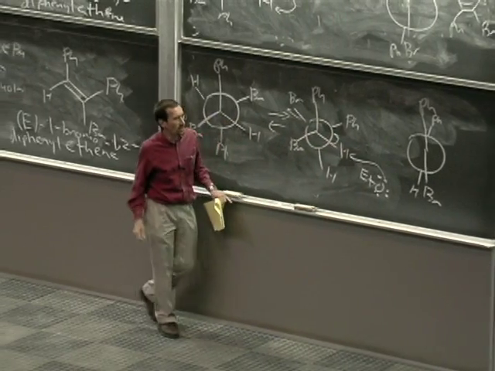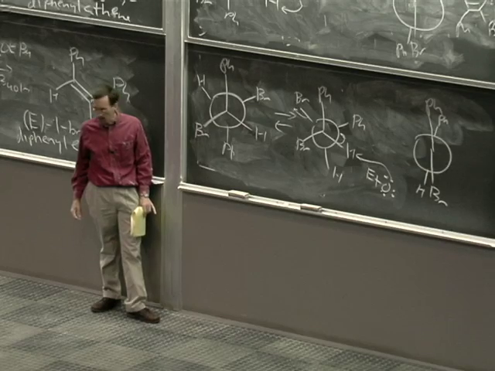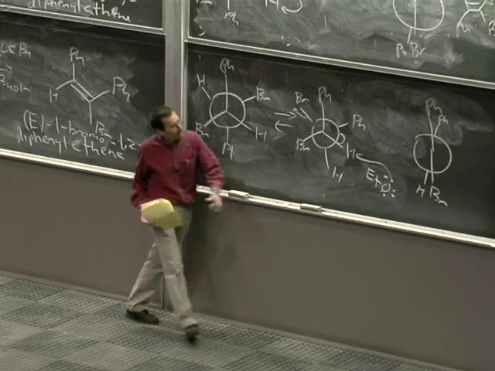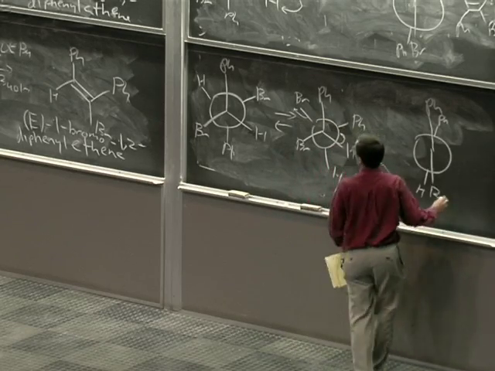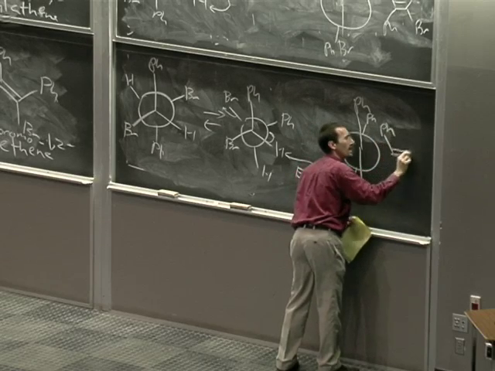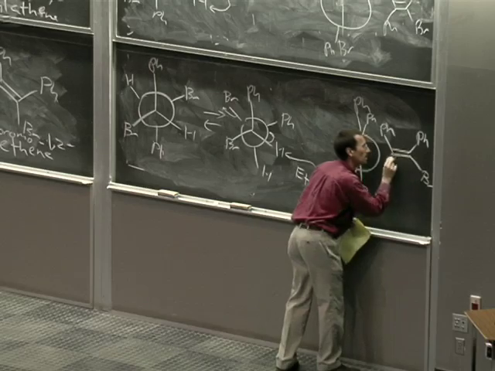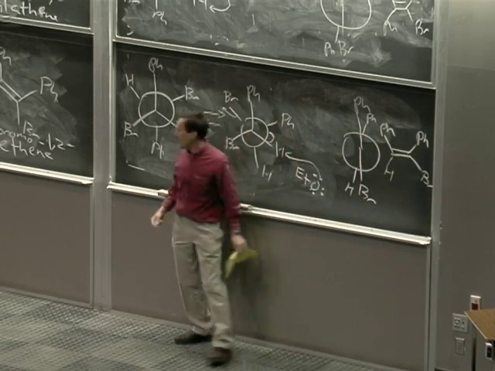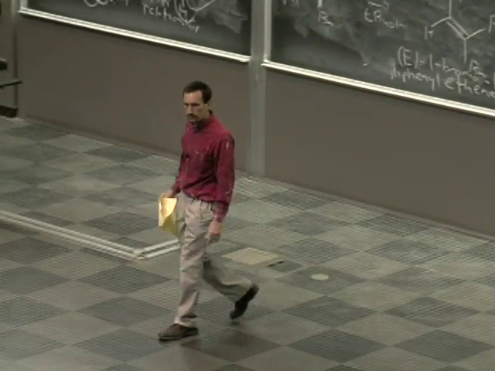Now the two phenyls are on the same side of the double bond. And this phenyl is opposite to bromine. In other words, I can just draw this molecule flat, Ph, Ph, bromine, hydrogen, and you'll notice that we have the E stereoisomer.